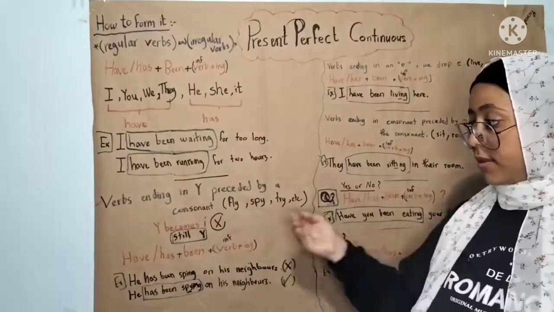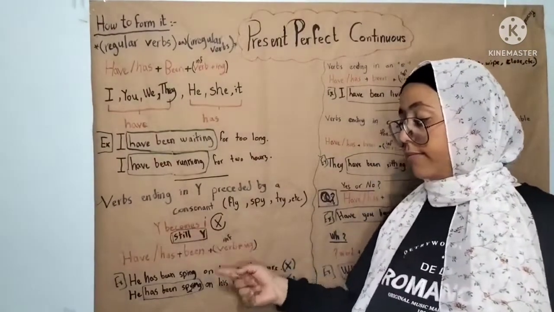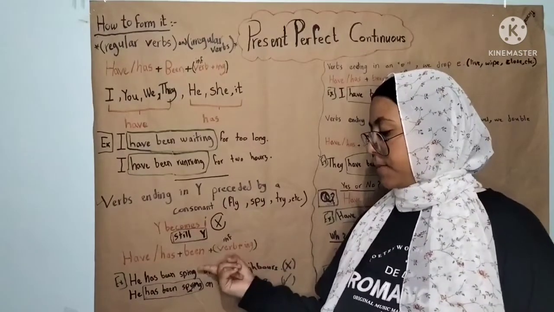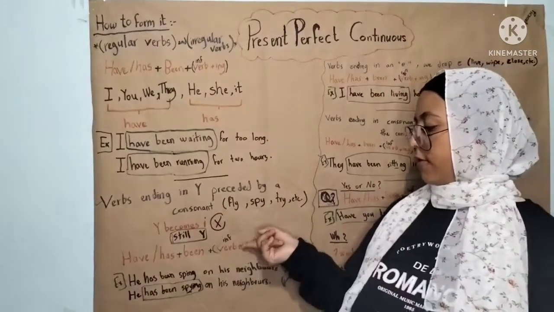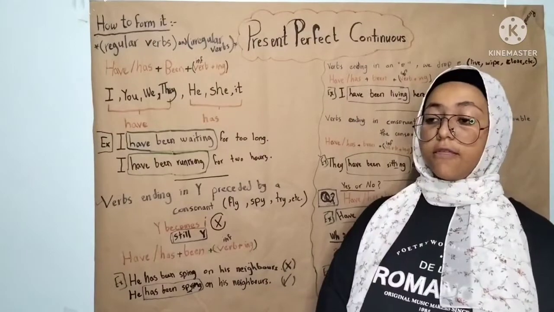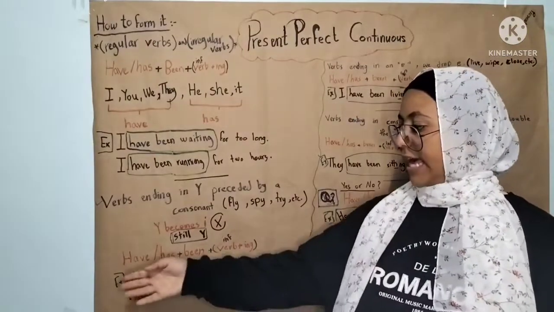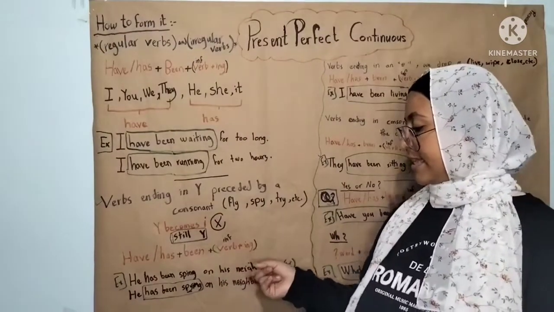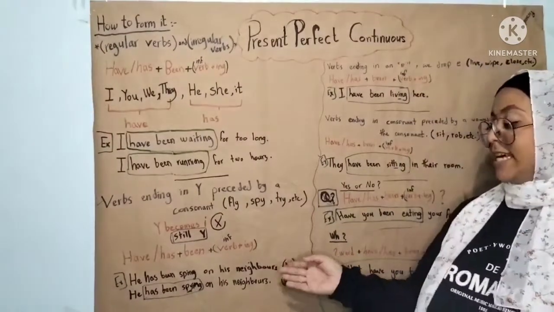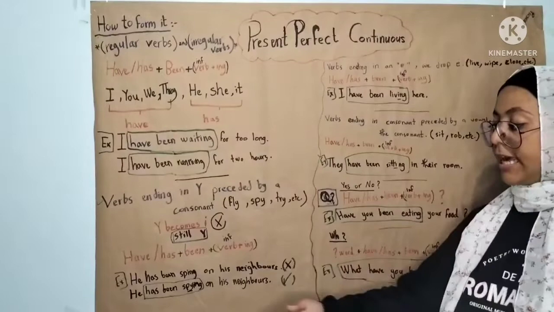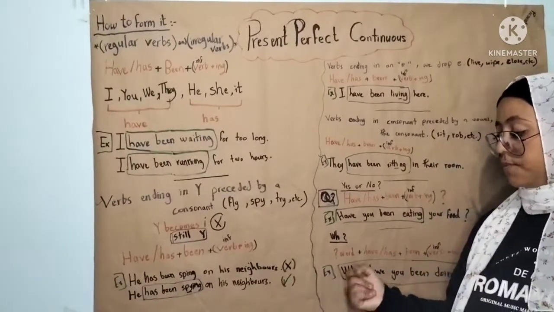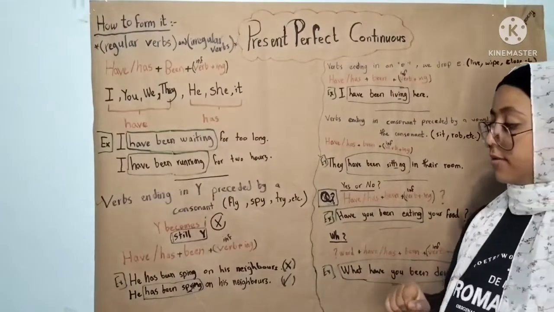So y staying y is correct. Have or has plus been plus the infinitive form of the verb plus ing. Example: he has been spying on his neighbors. Spying with i is wrong, but he has been spying with y on his neighbors is correct.